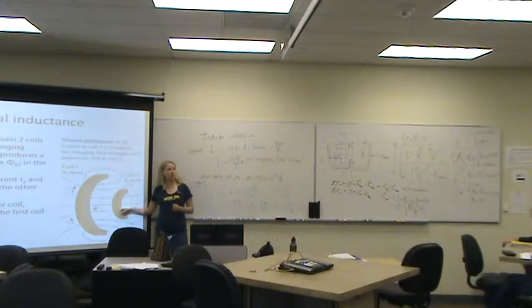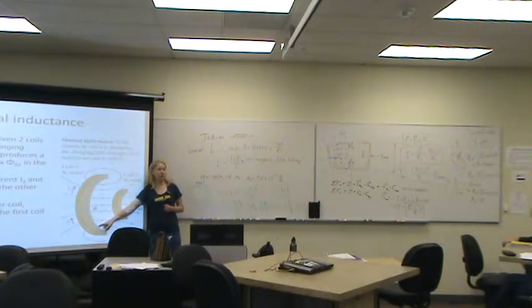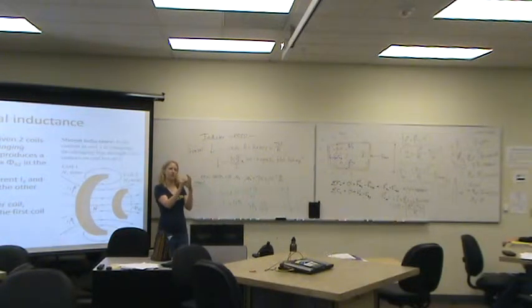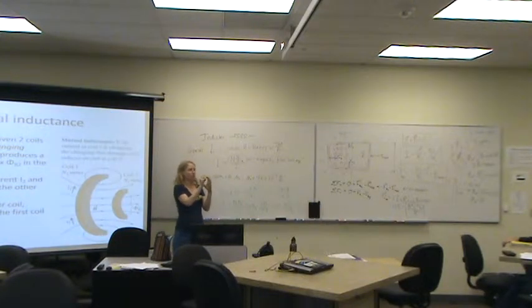So you get an induced current in this other coil because there's a changing current in the first coil. And so that's the basis of a transformer, where you've got one coil attached to a circuit where you can change the current in it, another coil completely disconnected from that circuit, disconnected from any power supply, but it's close enough to feel the changing B field, and that will induce a current in the second coil.